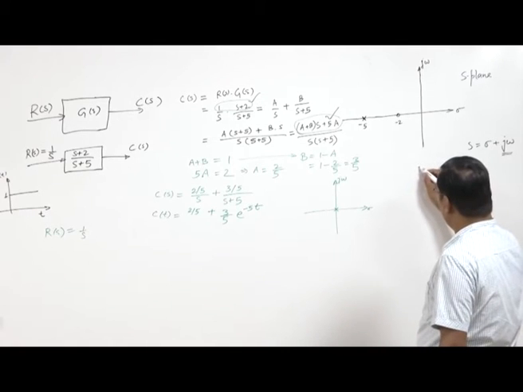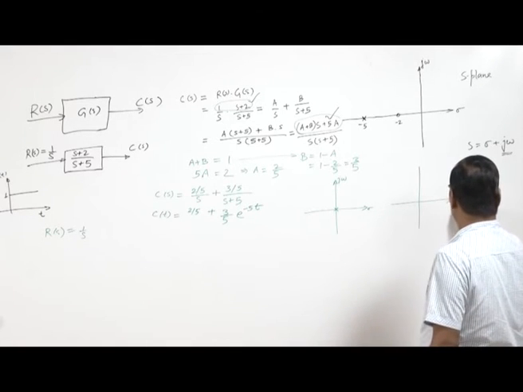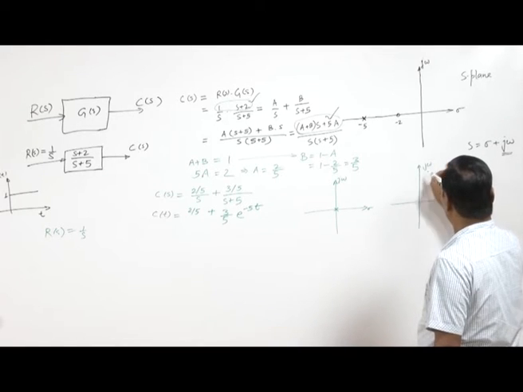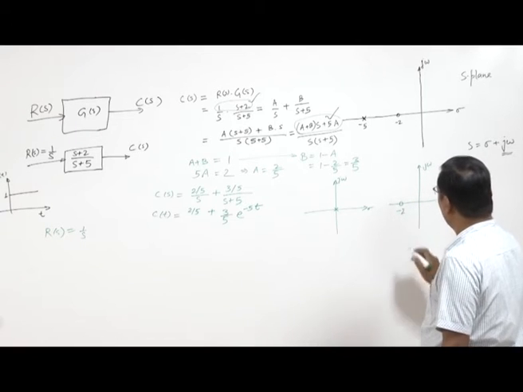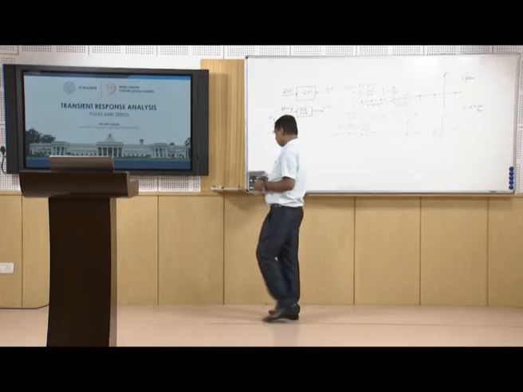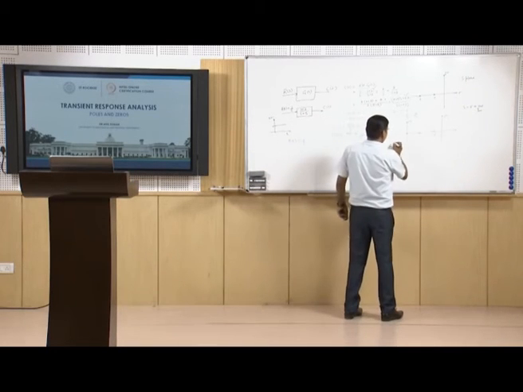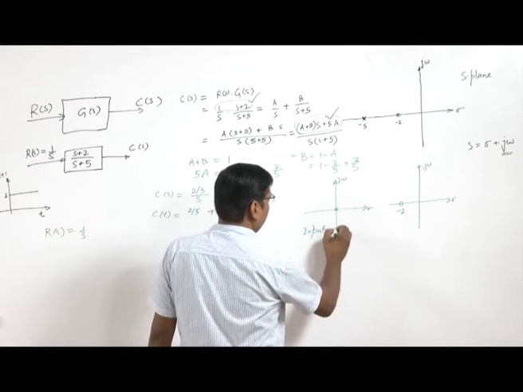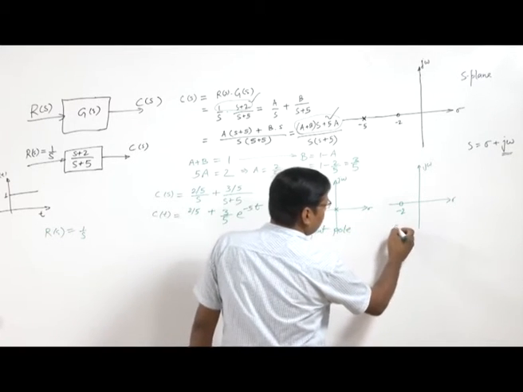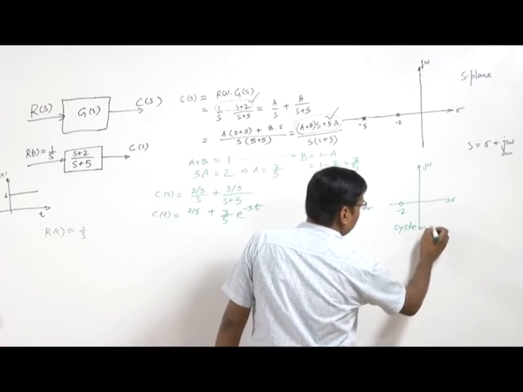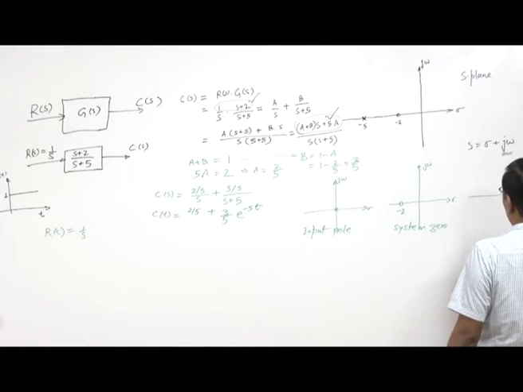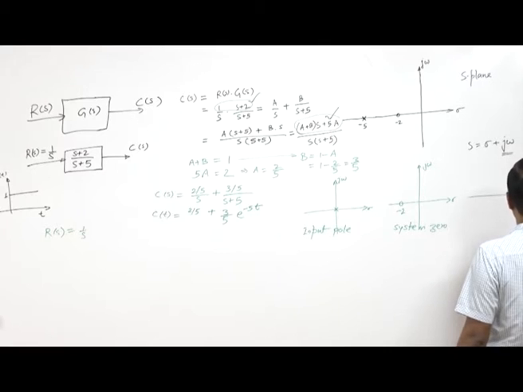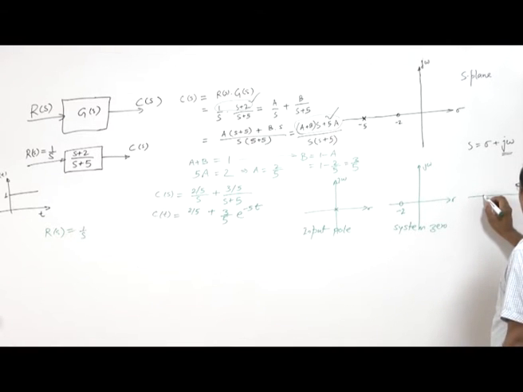Then at minus 2 we have the system zero. So this is the input pole, this is the system zero, and this is minus 5, the system pole.